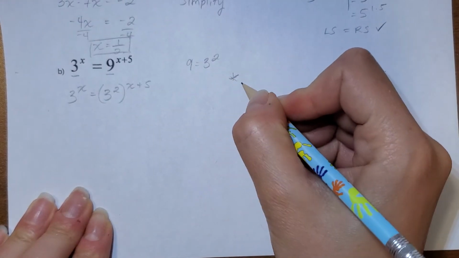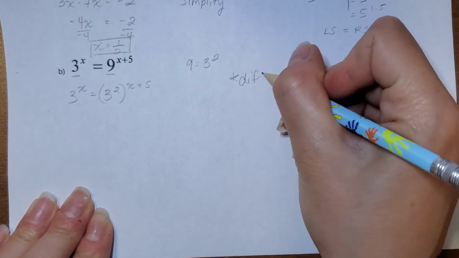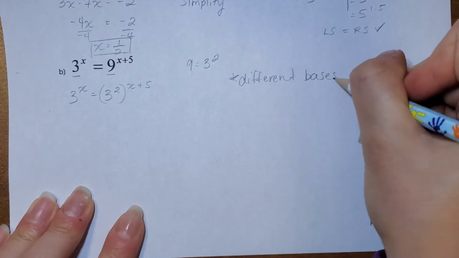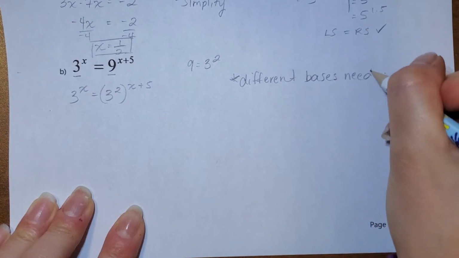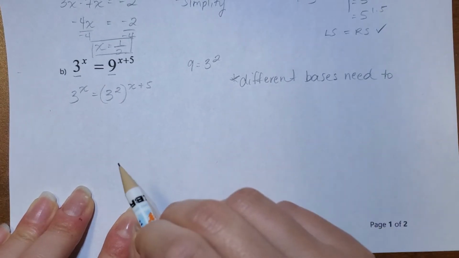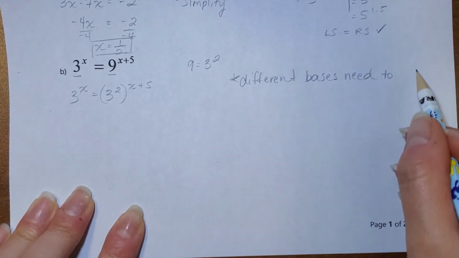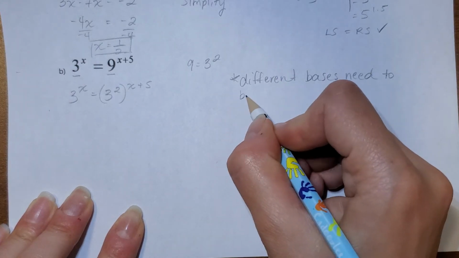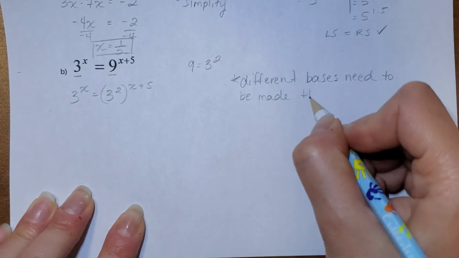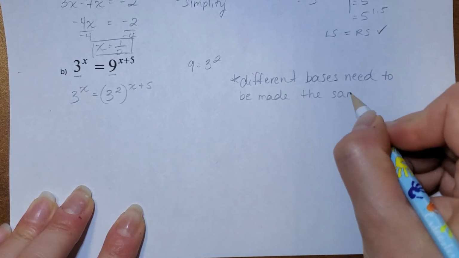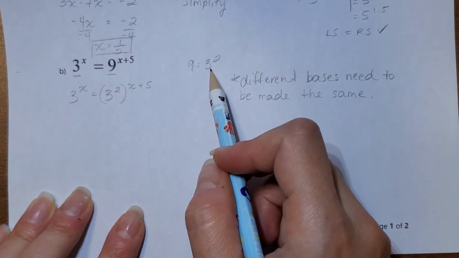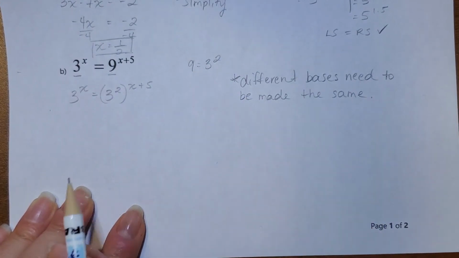So let's note here, different bases need to be made the same. And we do that here, looking at our chart, as well as rewriting it.